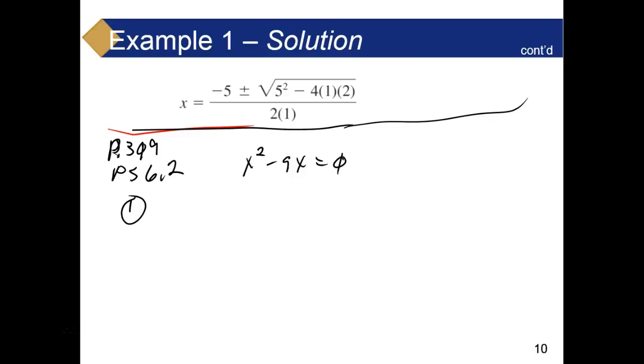Okay. So it tells you what to do. It says by factoring and applying the zero product principle: if AB is equal to 0, if and only if A is equal to 0 or B is equal to 0. If necessary, return to chapter 3 and review the factoring techniques presented there, okay? So, how would you proceed? What would be your first step to solve that problem?